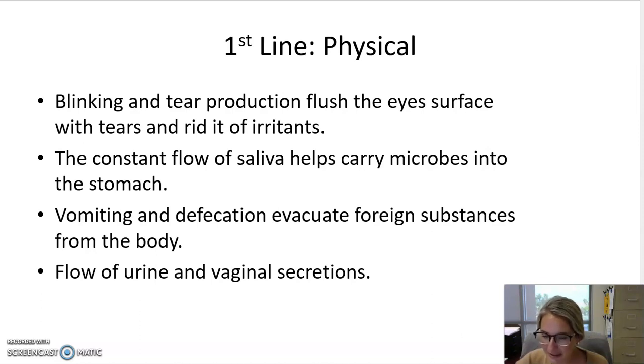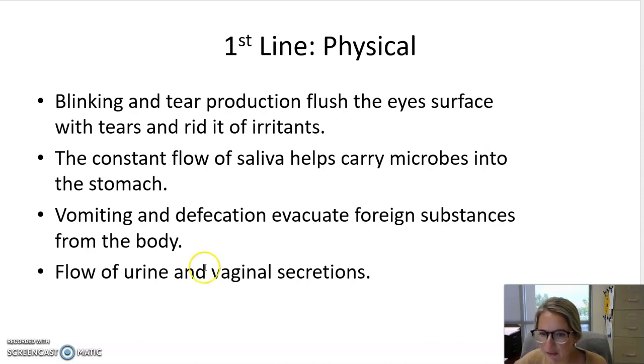Our body tries to get infectious microbes to the stomach because the stomach has a very low pH due to the gastric juices, and most microorganisms prefer a nice neutral pH. So if our body can flush things into the stomach, usually the stomach acid will do the rest and get rid of the microorganisms.